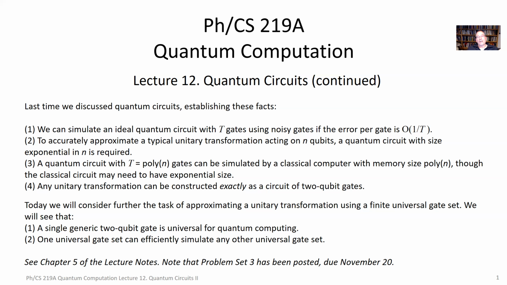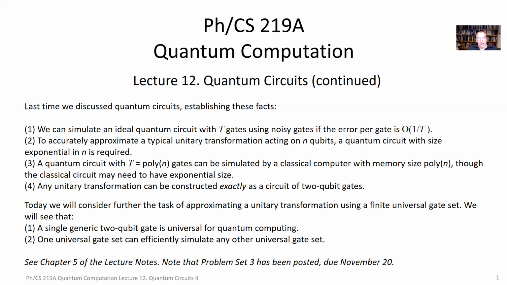We build our circuits out of gates chosen from a finite alphabet. One good reason to do that is because in the theory of fault-tolerant quantum computing, there's just typically a finite set of gates that can be done accurately in a way that doesn't spread errors too badly. So there's a real incentive for considering that model.